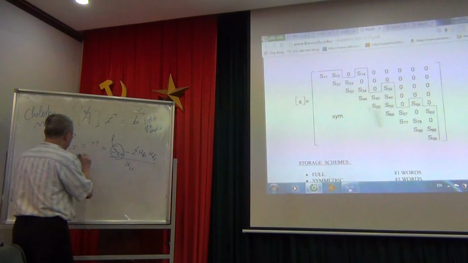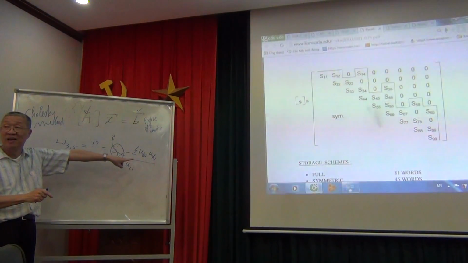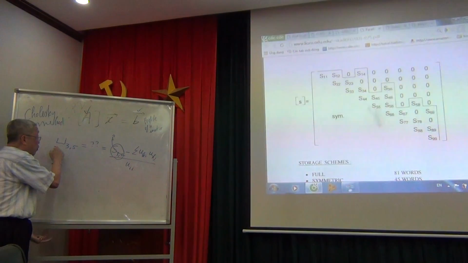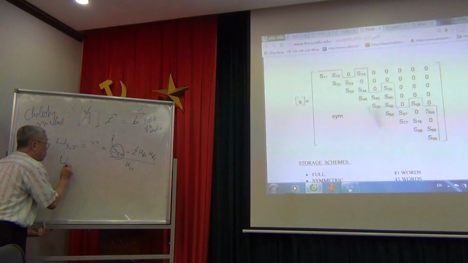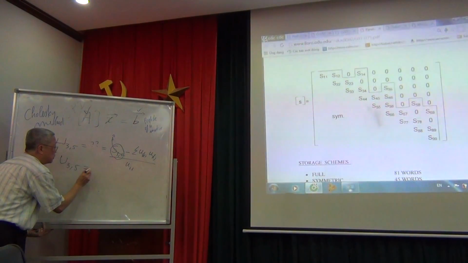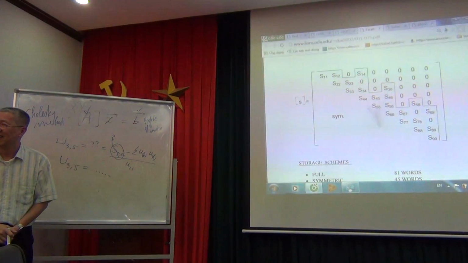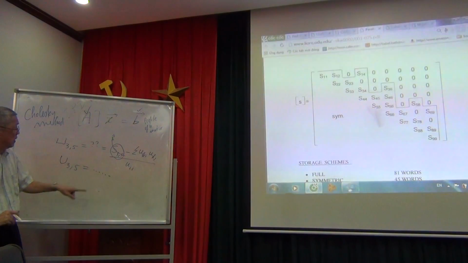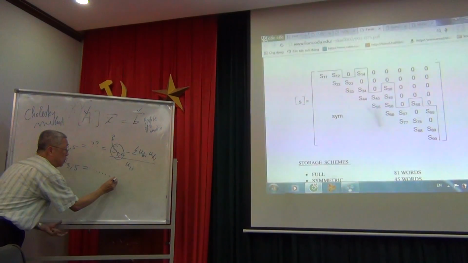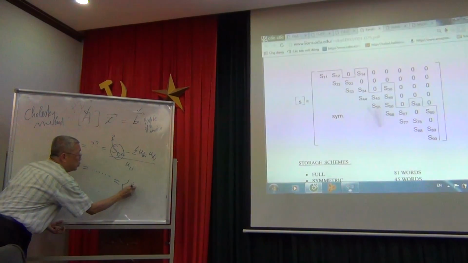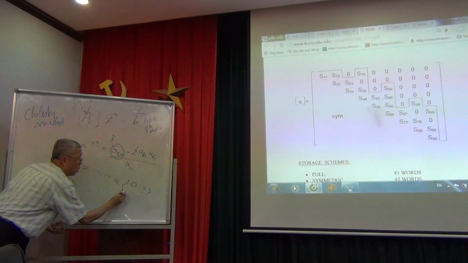So according to this formula, of course you will figure out U3,5 equals some value. You agree? Here's my question. Is this value equal to 0 or non-zero?